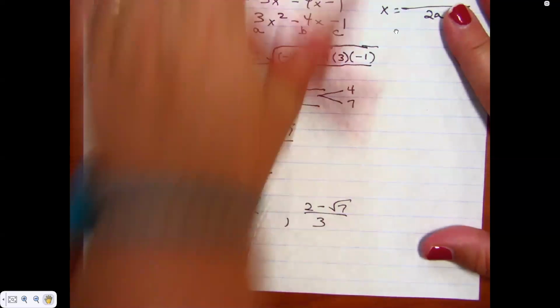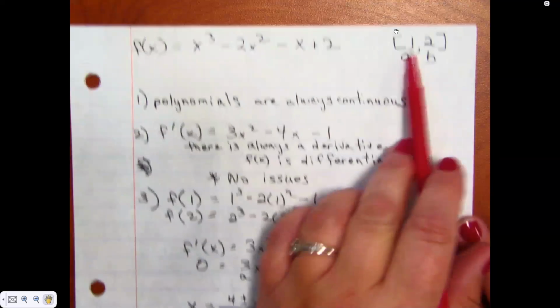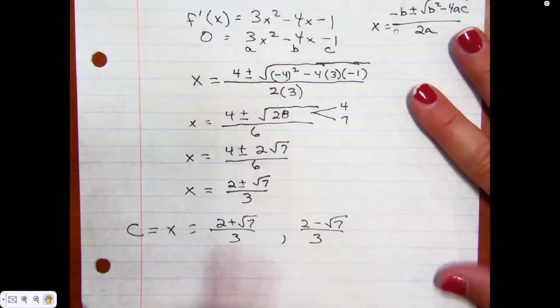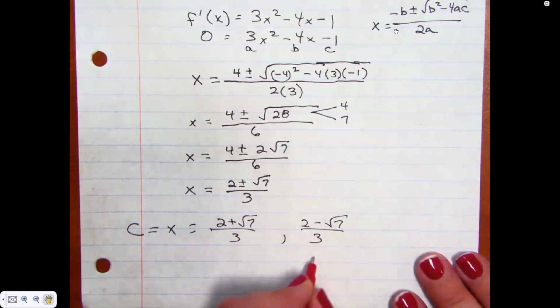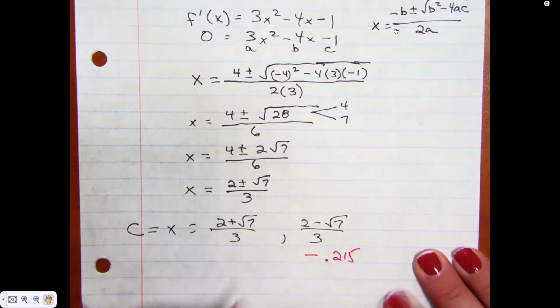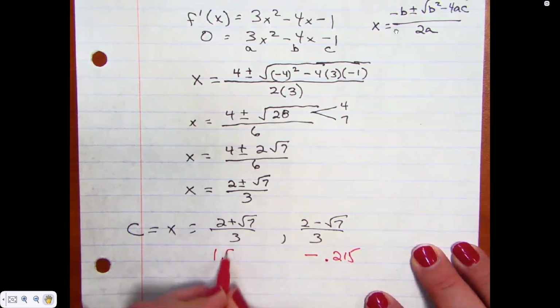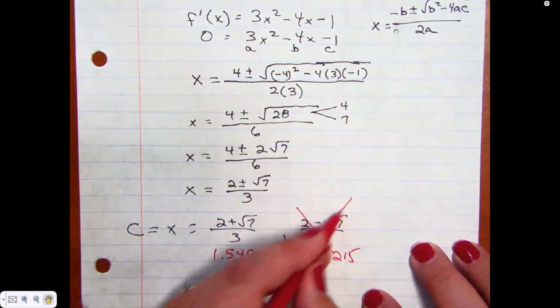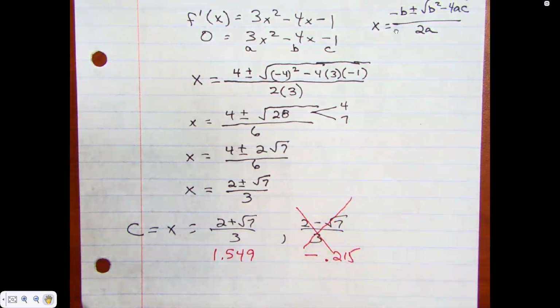But technically, he's only guaranteeing us in this interval. So if you grab a calculator, I think this one is a negative number. This is negative 0.215, okay, and this is 1.549. So unfortunately, we had to toss this. It's kind of like you put it on the side burner, like, yeah, it's probably pretty good, but technically, if we're talking about Rolle's theorem, he's only guaranteeing us between the interval that was given, so between 1 and 2.